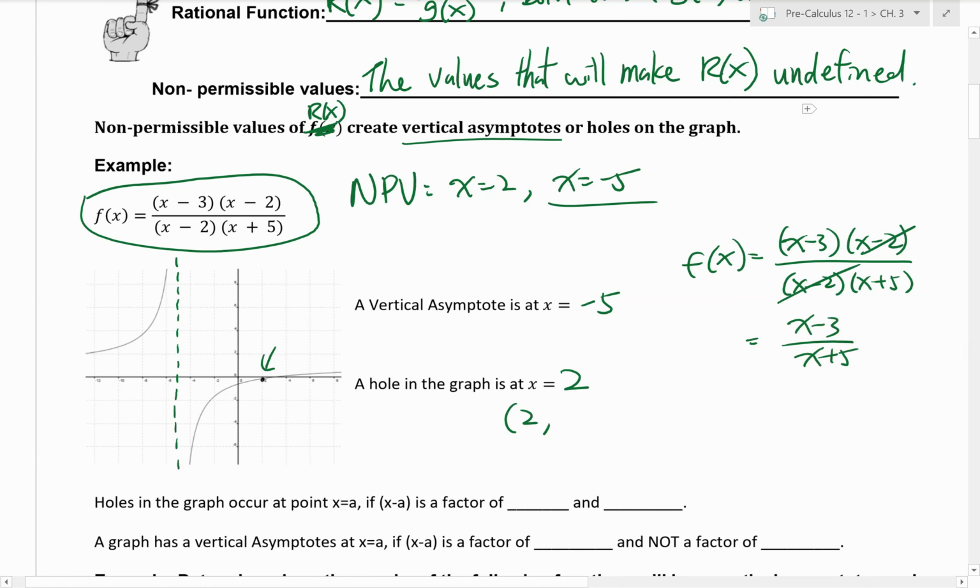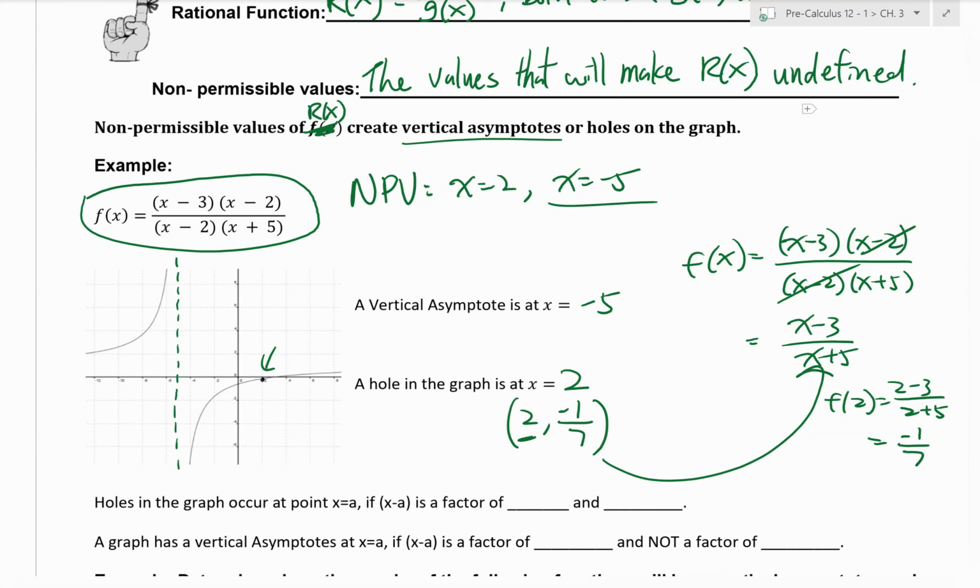Now to find the y value, all we need to do is plug in this x value of 2. So f of 2 would equal 2 minus 3 divided by 2 plus 5, which is -1 out of 7. That is the y coordinate of this hole. So that's how you find the coordinates of this hole.